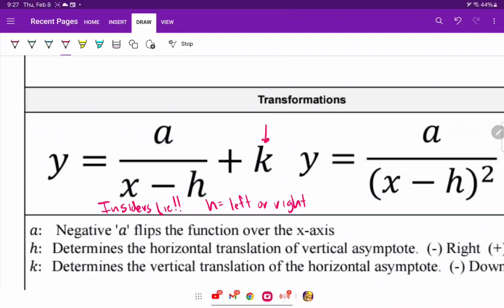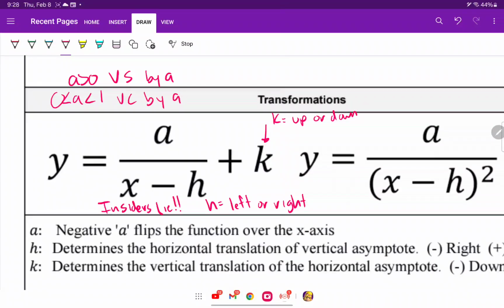Your k value moves it up or down. And now your a value, I'll talk about it. If a is greater than 1, that's a vertical stretch by a. If a is less than 1 but greater than 0, that's a vertical compression by a.